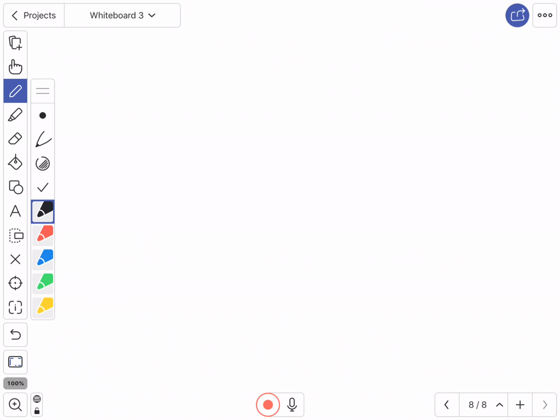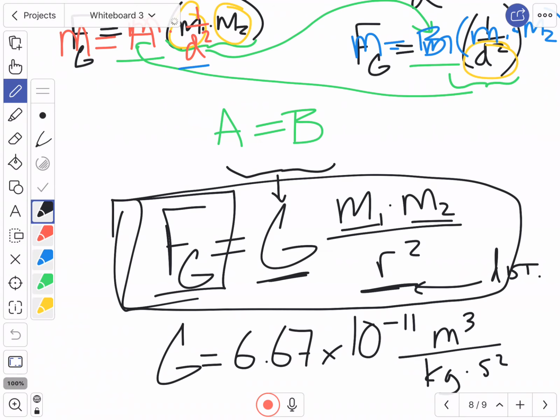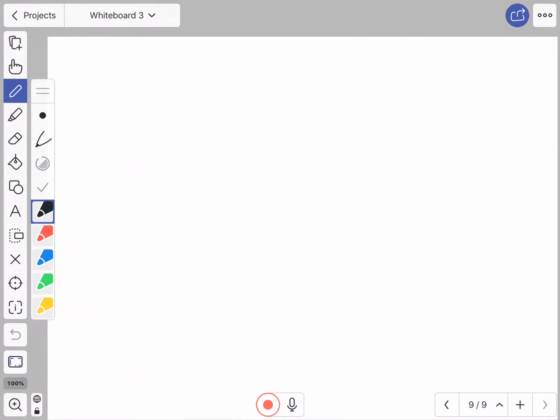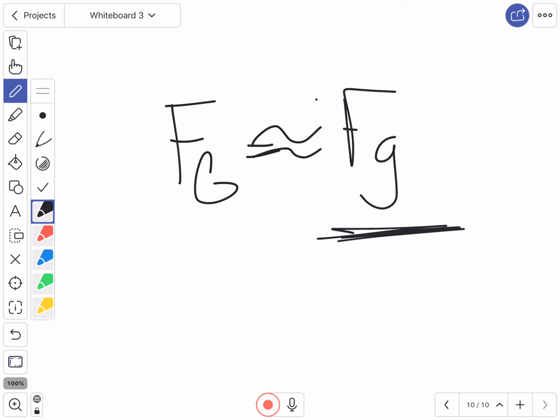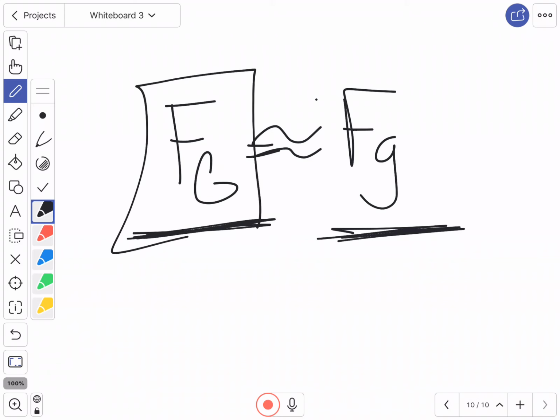That's different. This is not necessarily the same as this. This is the force of gravity when we're on Earth. Now, we can use this, and I'm going to show us how this works. But this is of any two objects anywhere.